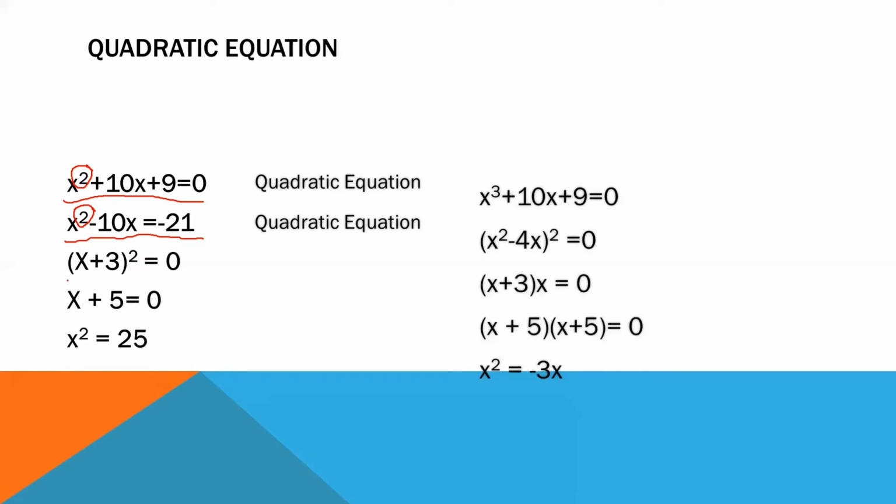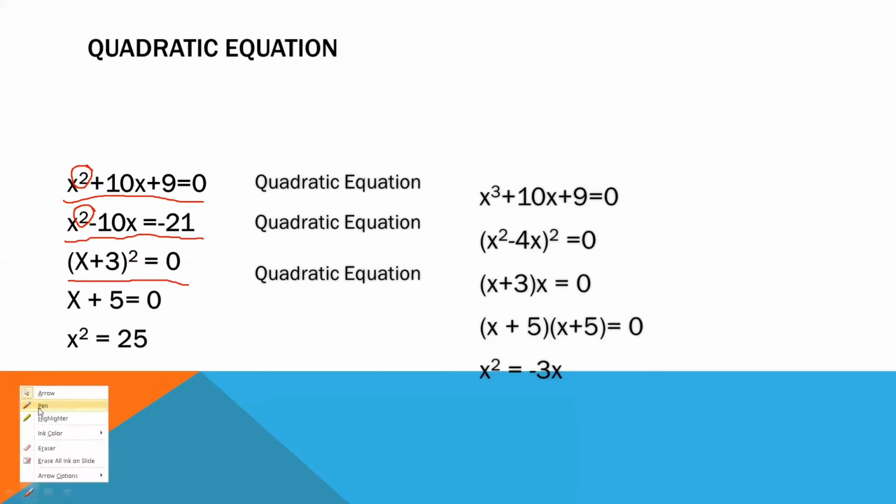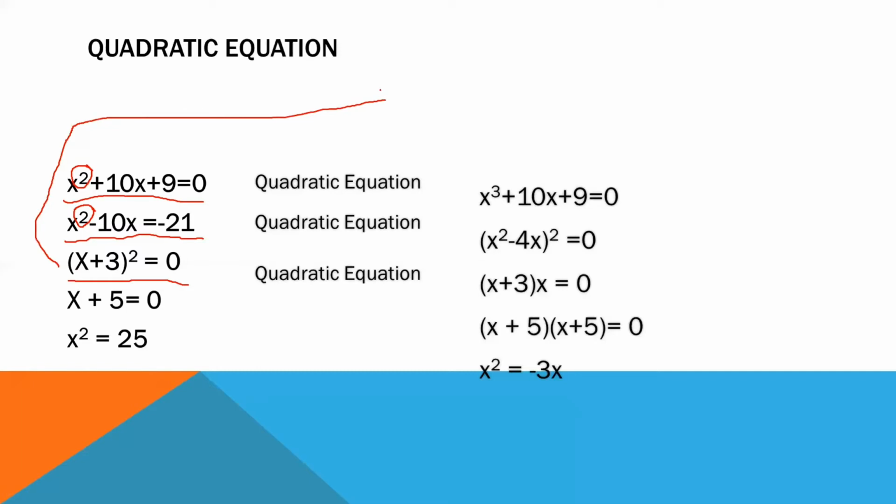So next equation is the quantity of x plus 3 squared is equal to 0. So this is considered as well quadratic. Bakit po siya quadratic? So let me show you. Kaya po siya quadratic dahil when we simplify it, so dito natin isolve.